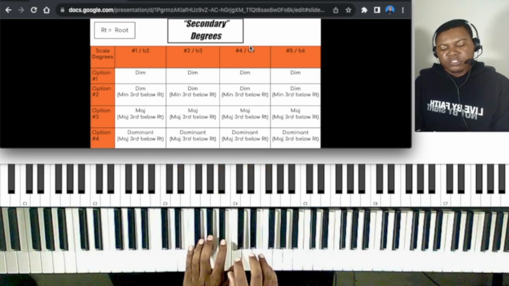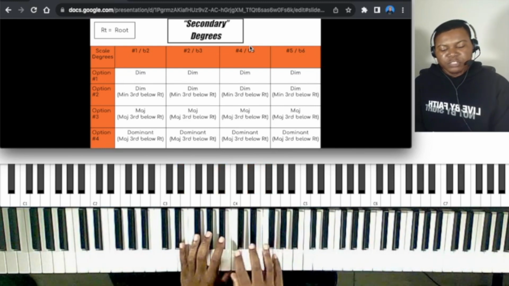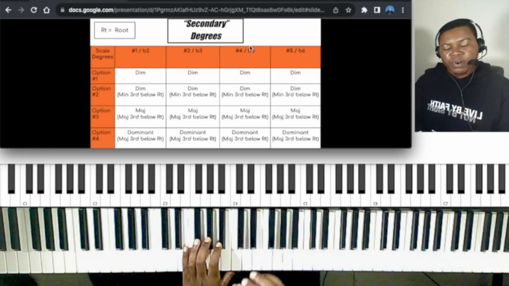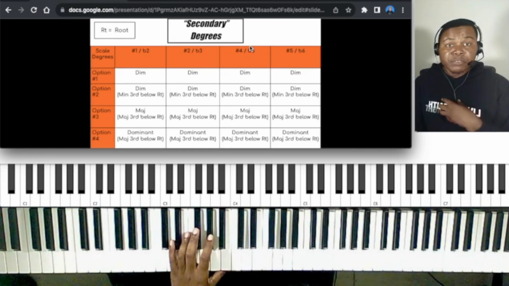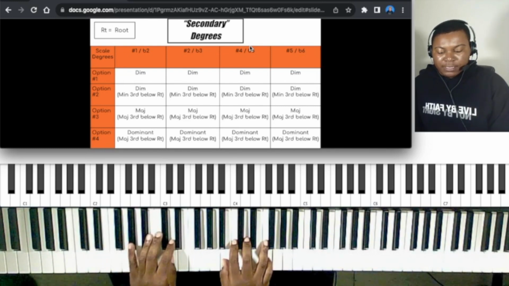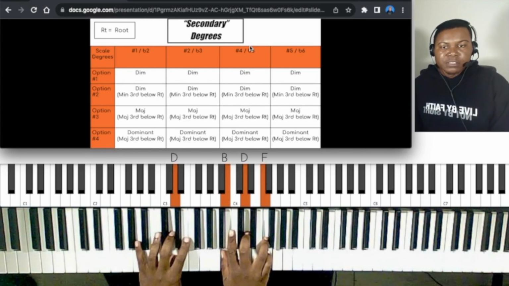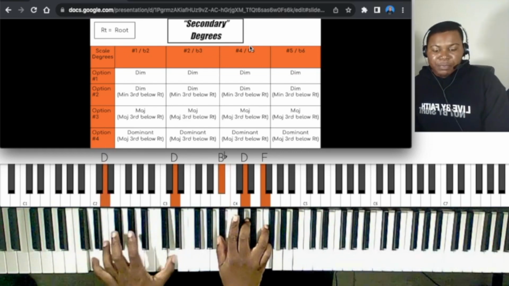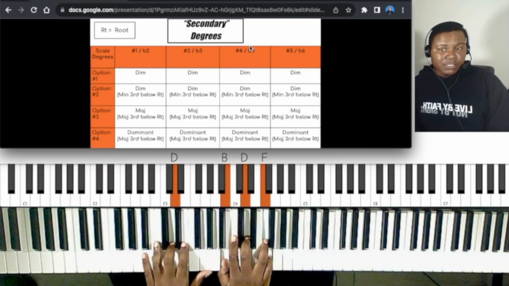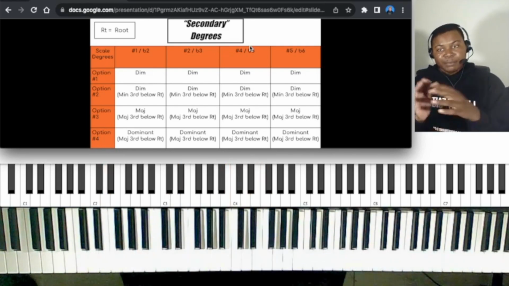You don't want to be just a key masher. You want to know exactly what you're doing and why you're doing it. So me personally, I can hear the difference between me playing a B diminished over my flat 2 compared to a B flat diminished over my flat 2. And sometimes I want this sound, sometimes I want this sound. I'm giving you the option.